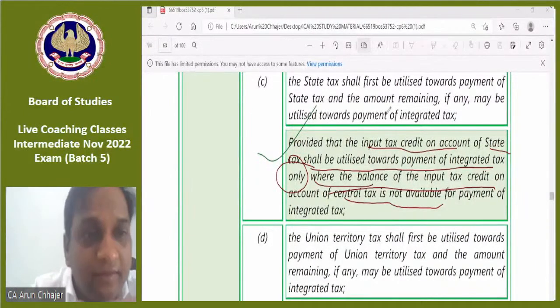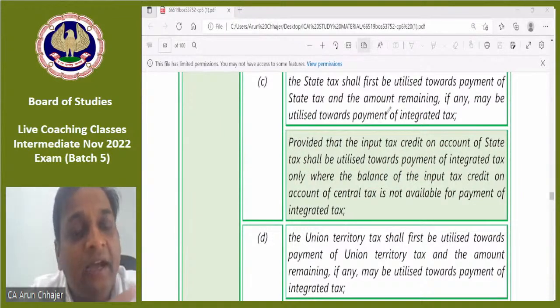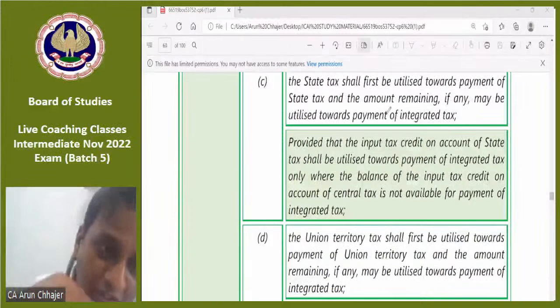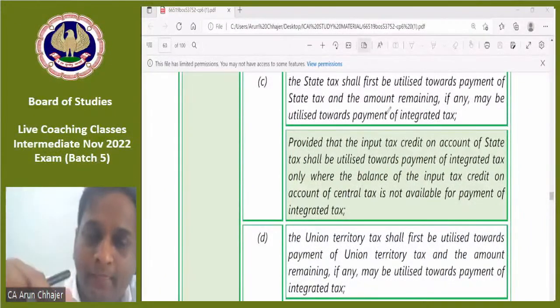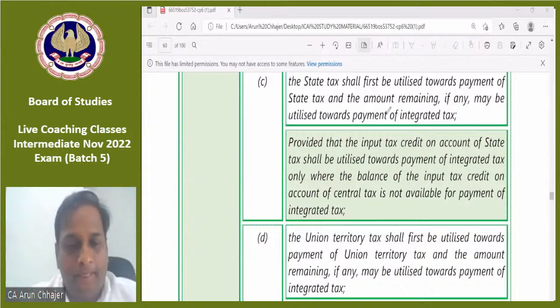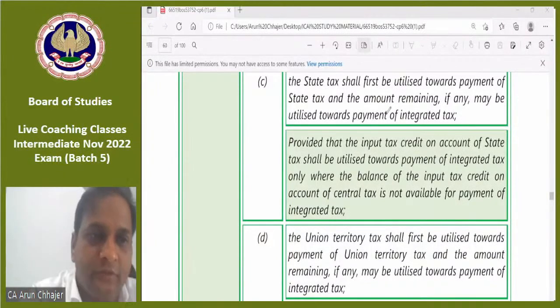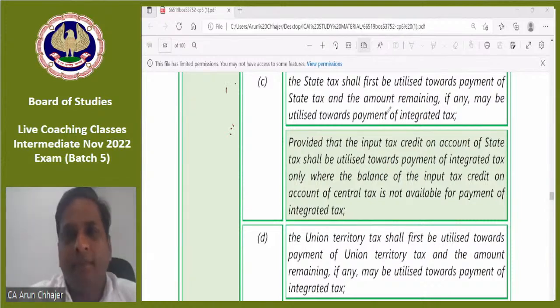So they are saying CGST has the extra balance, then I has to take the amount first from it, and then they can go to S. Any doubt or is it clear?